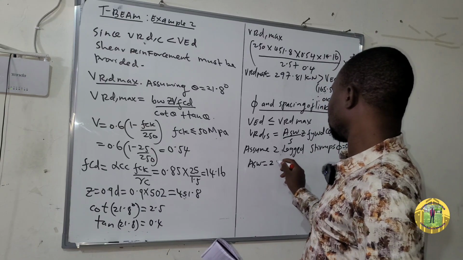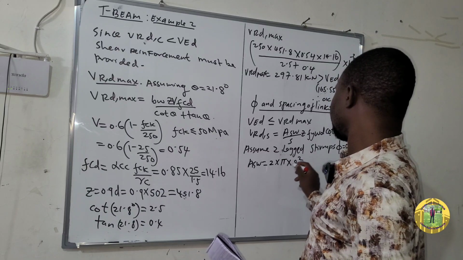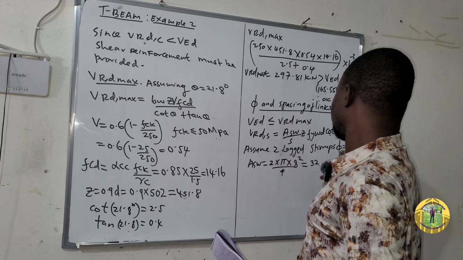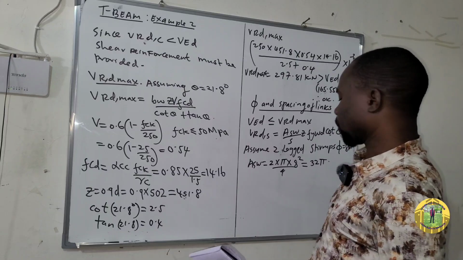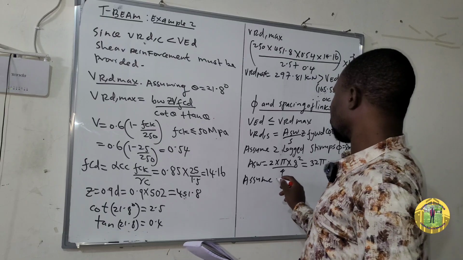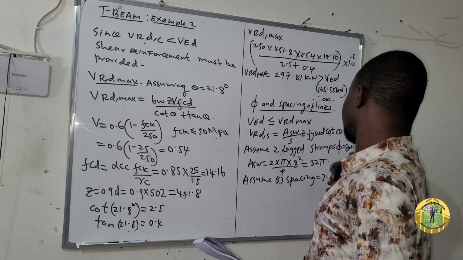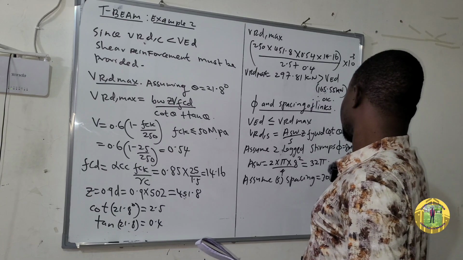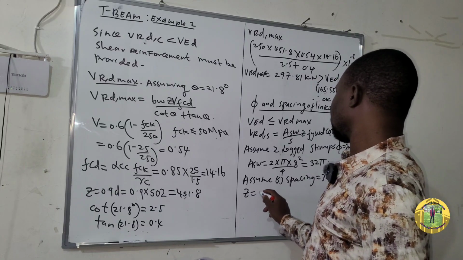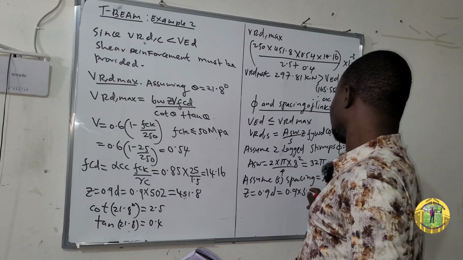So this will be 2 times pi times d, which is 8 squared all over 4. So this one is equal to 32 pi. And then we assume S, which is spacing, to be 300 millimeter center to center. Then Z is equal to 0.9D, which is equal to 0.9 times 502.